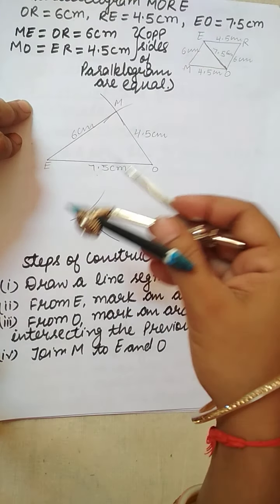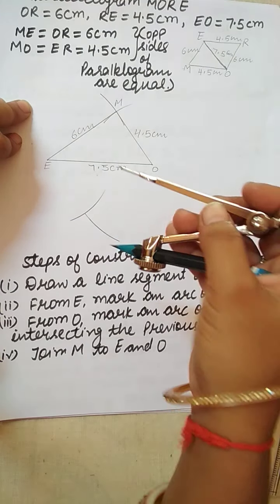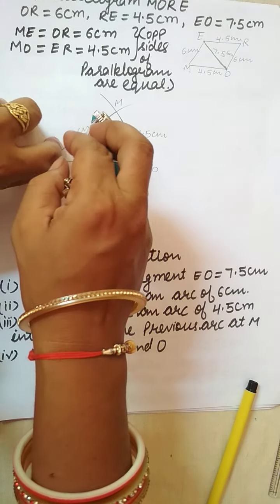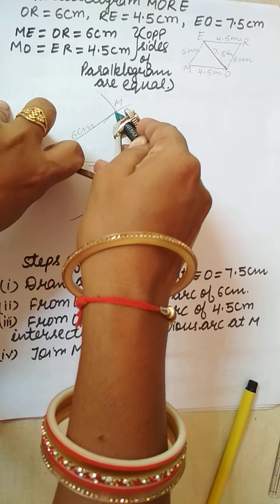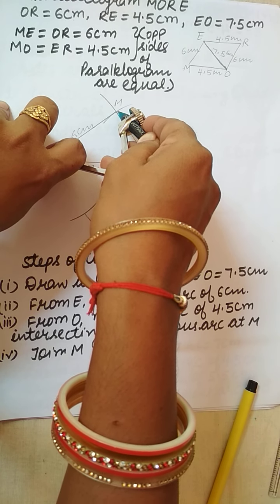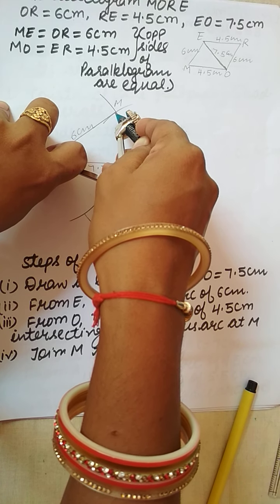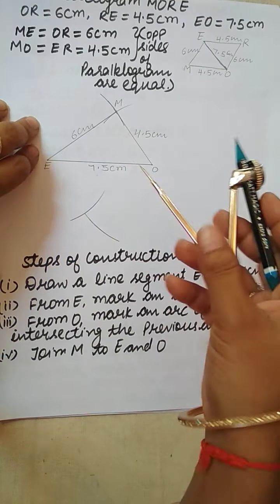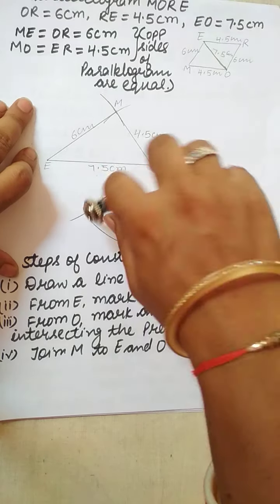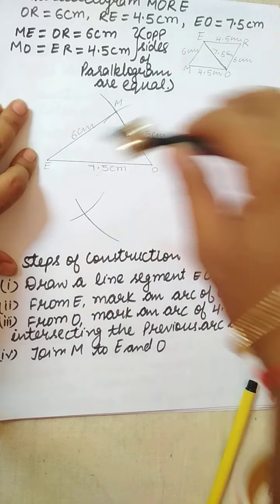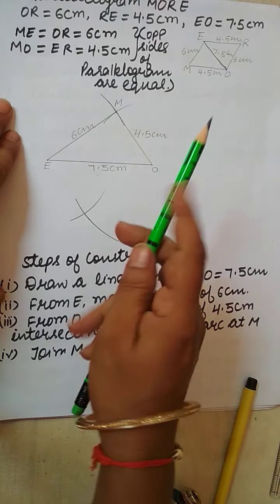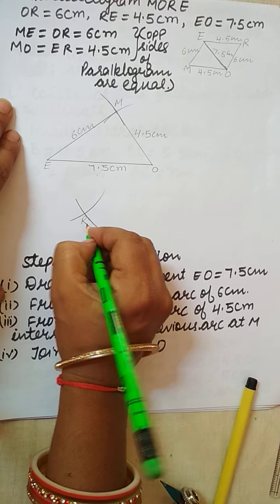Now these are not intersecting, so I will again open the compass equal to 6 centimeter and extend this arc so that these two arcs intersect each other. This is 6 centimeter, so open your compass. Now they are intersecting at R. So this point is R.